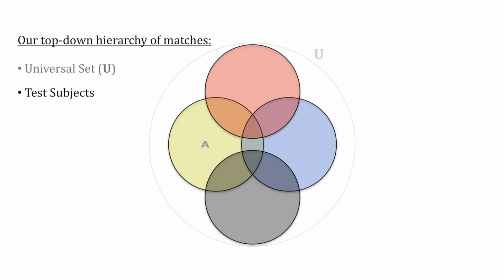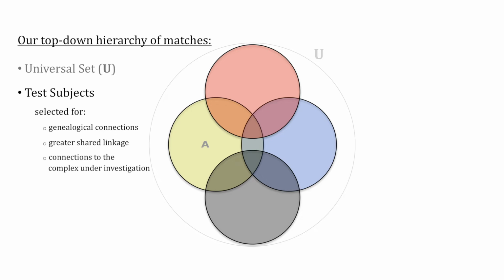Additional test subjects are typically selected at the outset of our analysis from Subject A's roster of matches in accordance with the following criteria: subjects with known genealogical connections to our nexus, subjects with greater average shared linkage, subjects with connections to other members of the complex under investigation, and lastly, subjects with well-researched pedigrees.